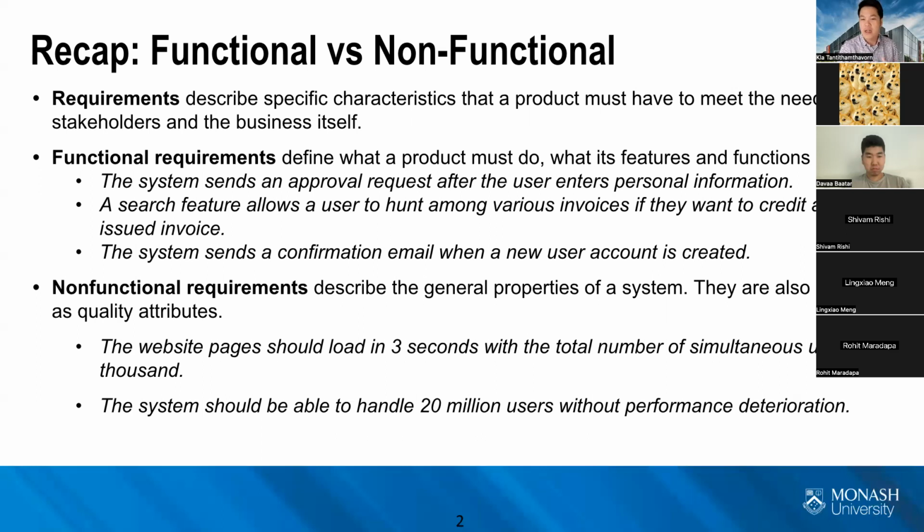That's a general property of the website. It does not describe the feature or the function or the behavior of each web page. The next one: the system should be able to handle 20 million users without performance deterioration. Again, this is a general property of the software system.